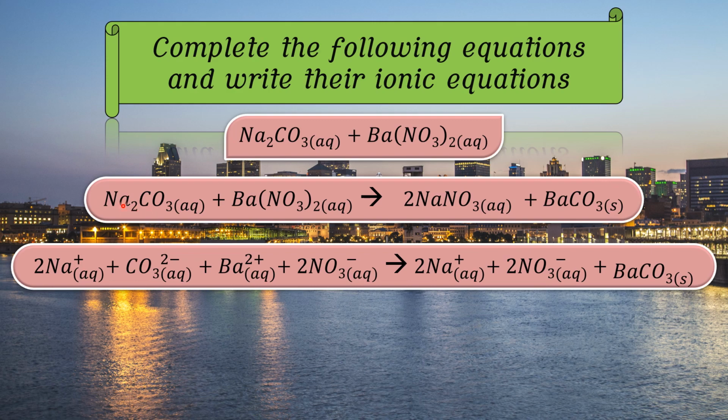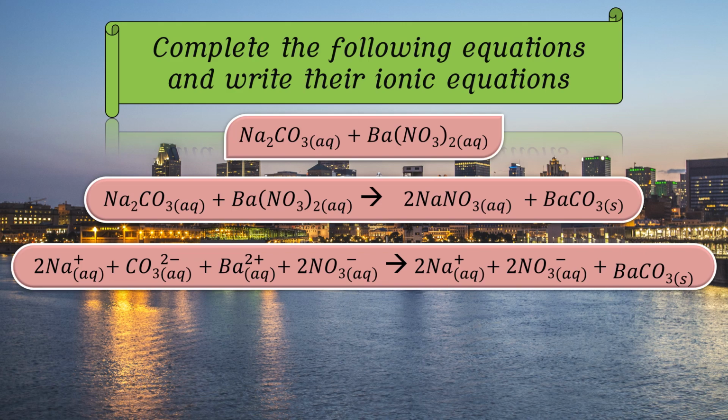Sodium carbonate gives sodium ions and carbonate ions. Barium nitrate gives barium ions and nitrate ions. Sodium nitrate gives sodium ions and nitrate ions. Barium carbonate, being a solid, will not give us ions.